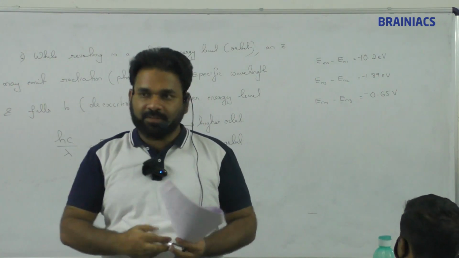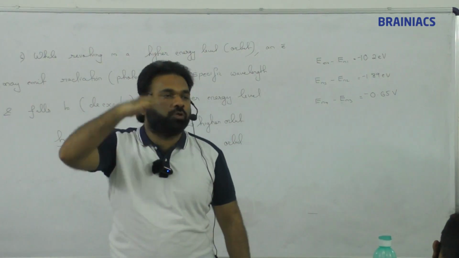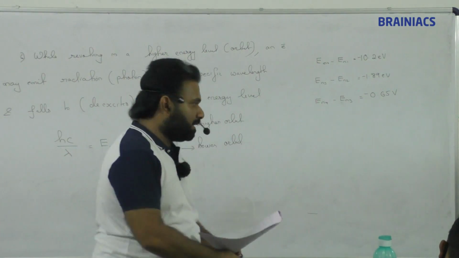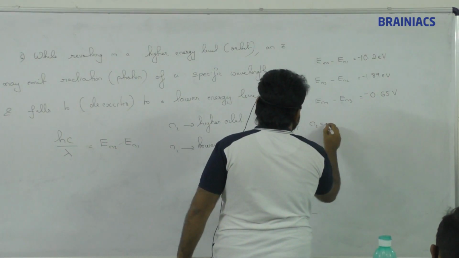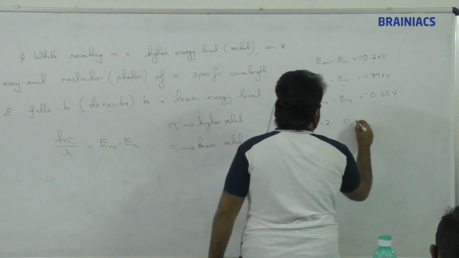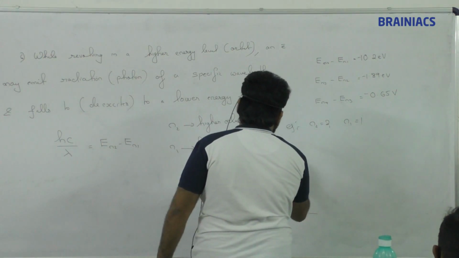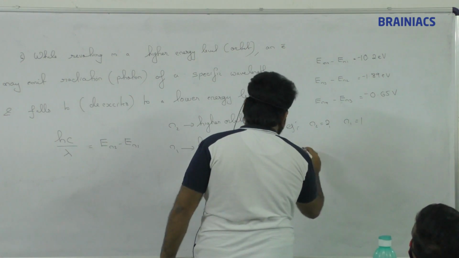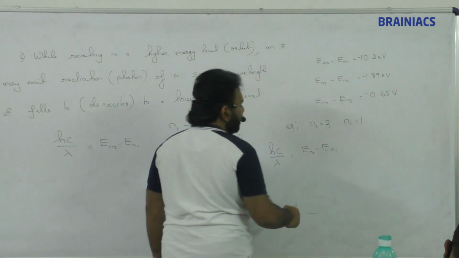Suppose it is jumping from the second orbit to the first orbit, that is, N2 is equal to 2 and N1 is equal to 1. Then hc by lambda is going to be En2 minus En1.